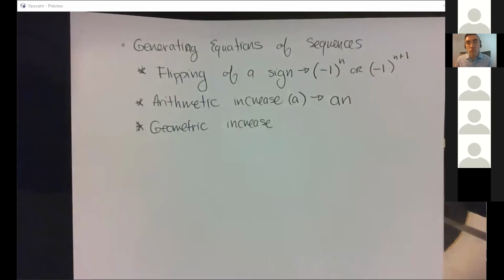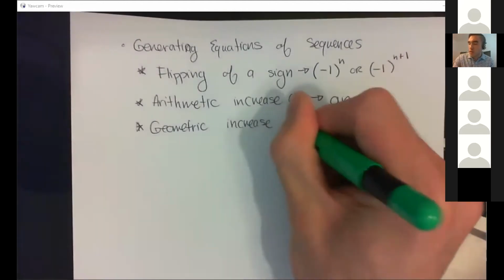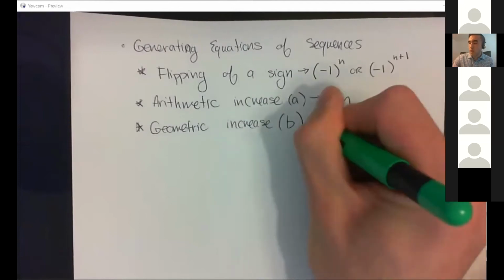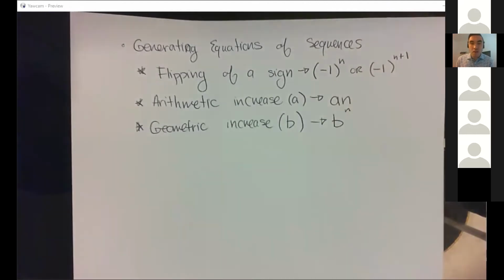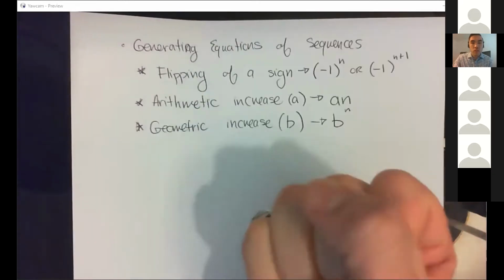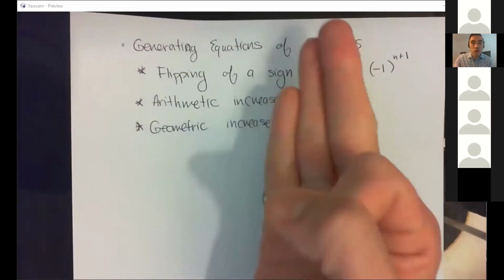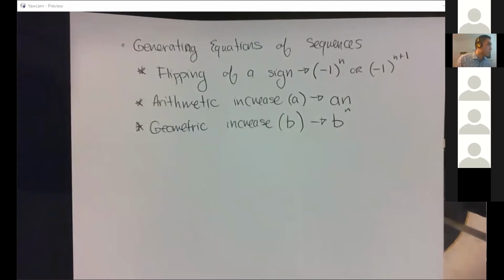In that case, we're multiplying by the same digit every single step. And so we're actually taking that increase and we're raising it to the n power. So if the multiplier that we're getting every time is b, that means that our sequence has some sort of b to the n built into it. Again, like I said, if you go 1, 3, 9, 27, that's 3 to the 0, 3 to the 1, 3 squared, 3 cubed. If you're multiplying by something every time, you're actually increasing the exponent on that multiplier.